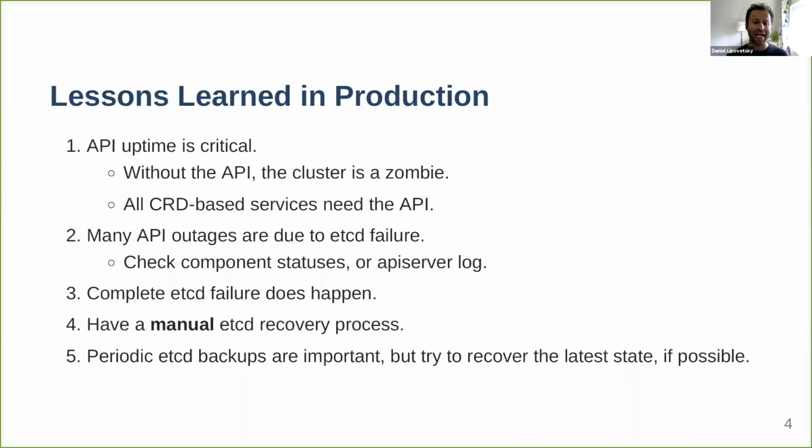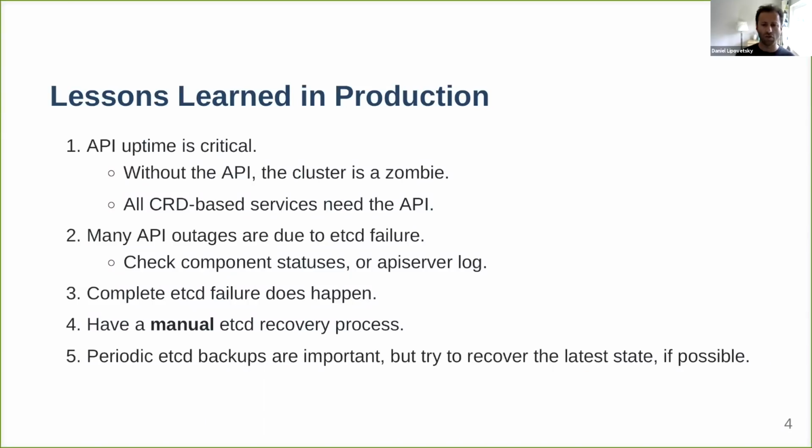Lesson two is that many API outages are due to etcd failure. When you have an API outage, it's not always easy to determine the cause, but as a first step, you could check the component statuses. That's a kubectl get componentstatuses command.